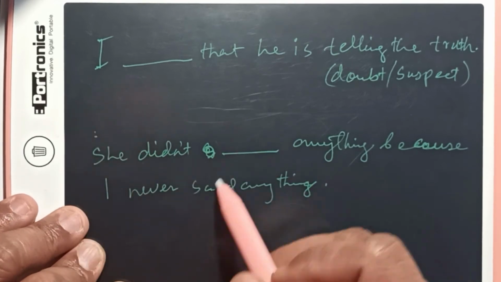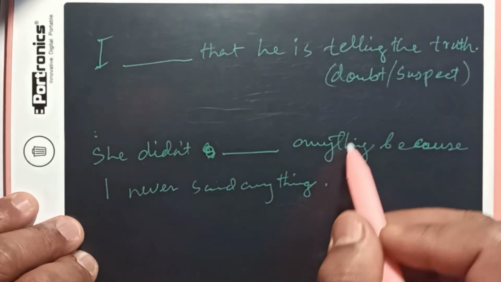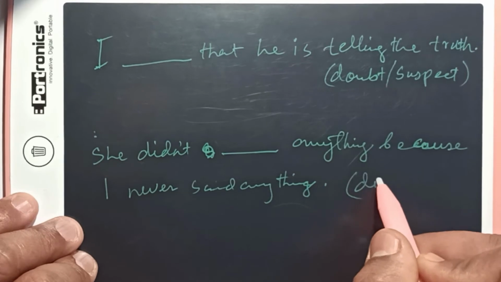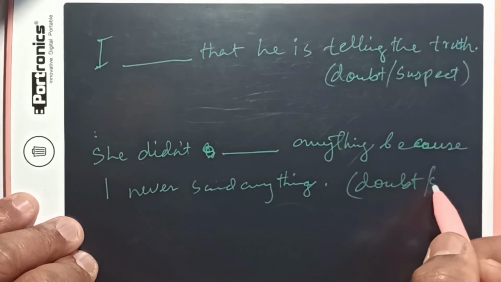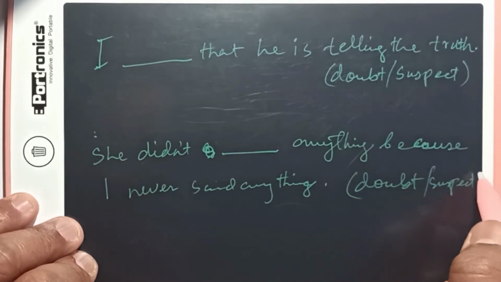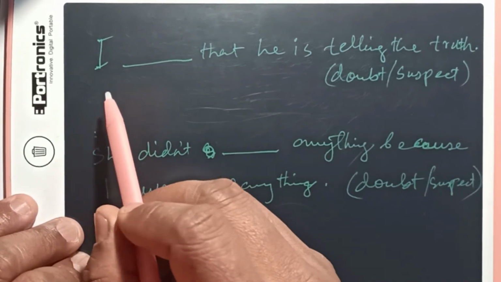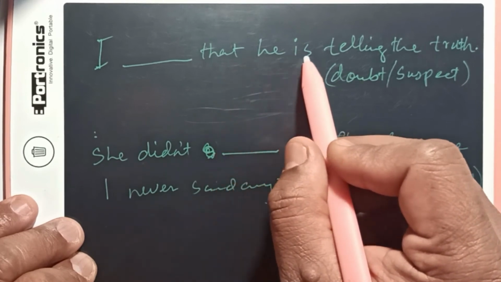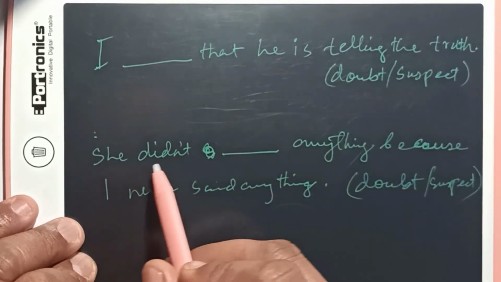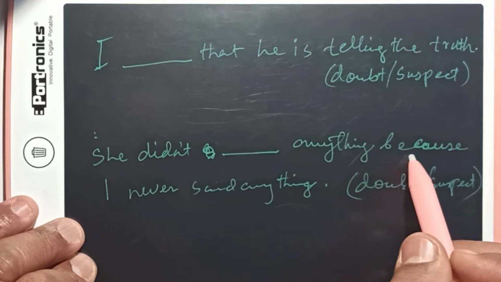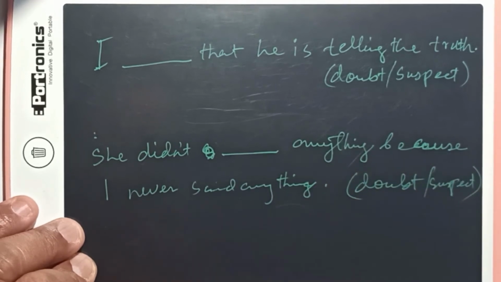Let's look at these two sentences regarding doubt and suspect. I dash that he is telling the truth. She didn't dash anything because I never said anything.